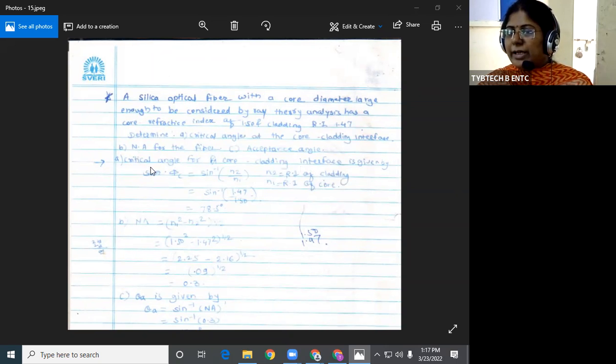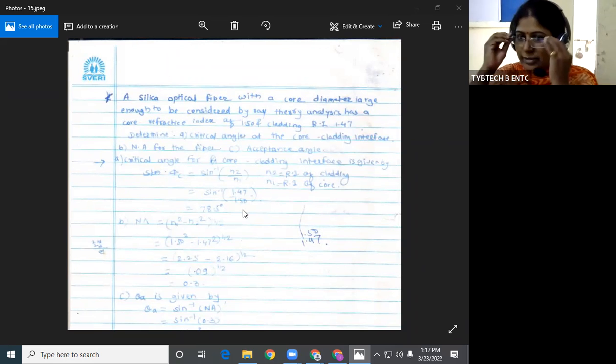Then point A, critical angle: formula is sine inverse of n2 by n1. Then put all the values and calculate the value of the critical angle.